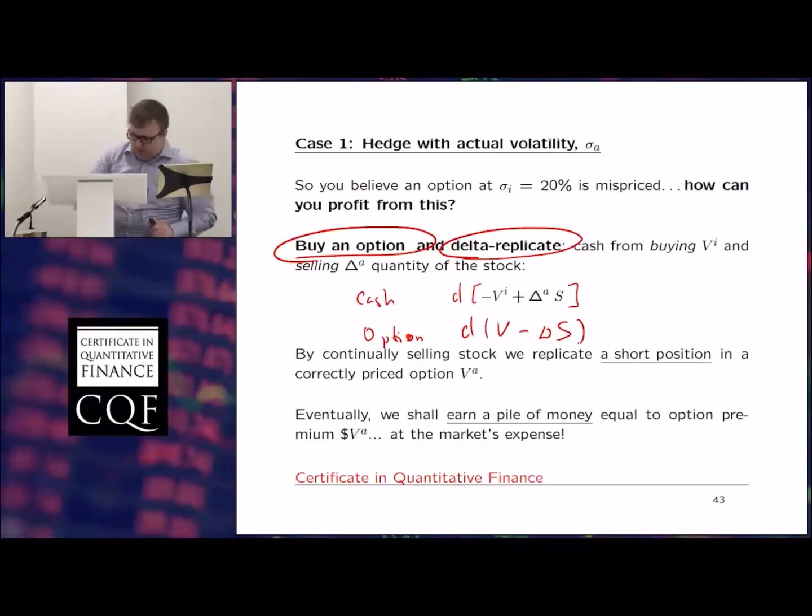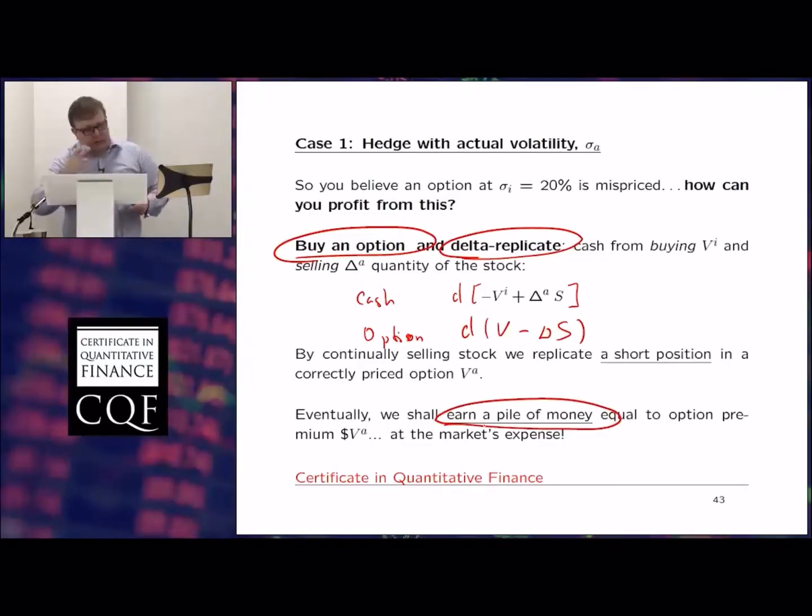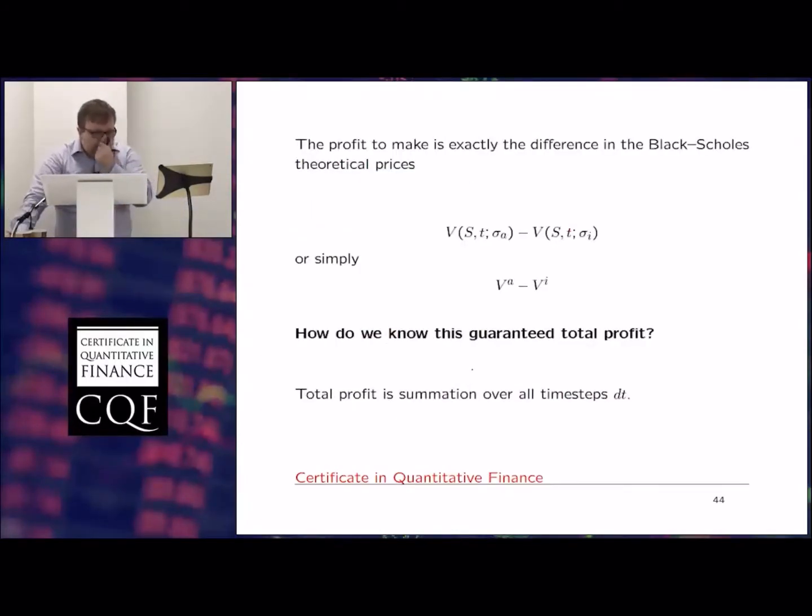Again, the point is that by selling assets short and actually earning interest on that short sale, we should earn a pile of money equal to the option premium. The result of this strategy, priced at the actual volatility, let's say the actual over the lifetime will realize at 30, and this is at 20.